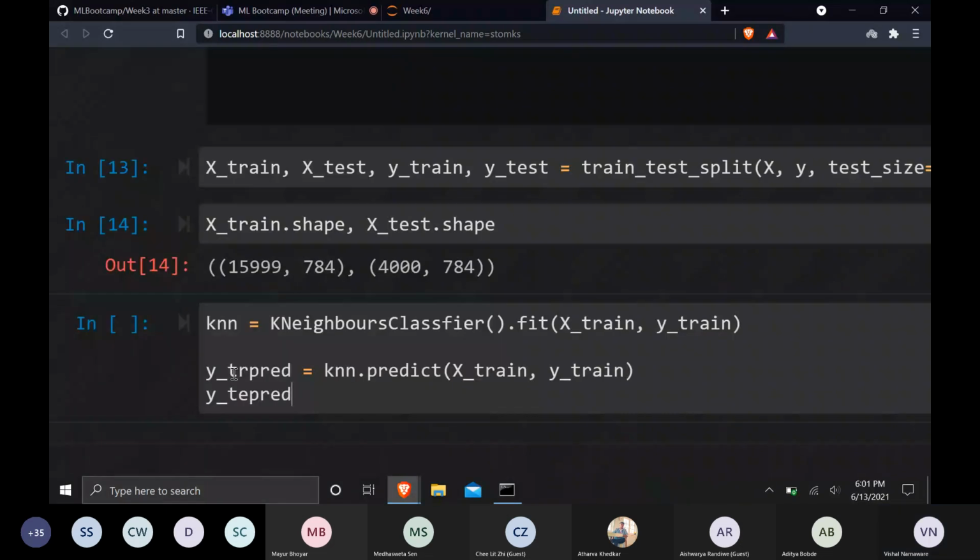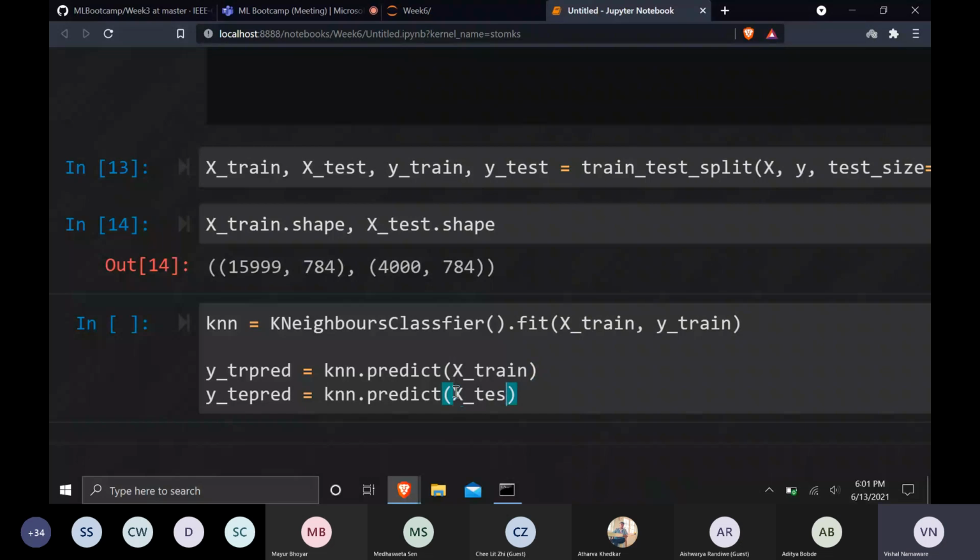And after that, I will be predicting on train and test both. y_pred_tr is knn.predict on x_train. Similarly for test, te is for test, the above one tr is for train. knn.predict on x_test. I think I did something wrong.